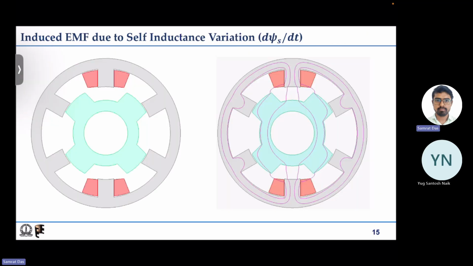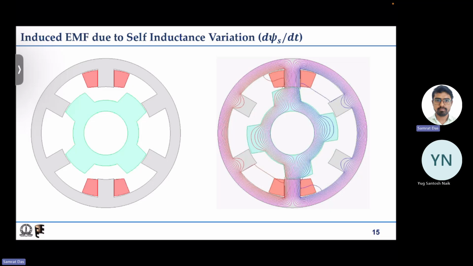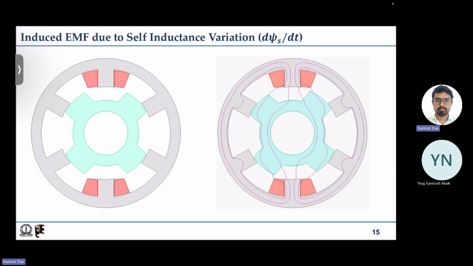Then the third case that we discussed in some depth last class is what happens if self inductance itself varies due to some rotation, due to some movement of a body. So for some rotor in a rotating machine, if it moves and the inductance itself changes, then even for constant current we saw that the self flux linkage itself changes.